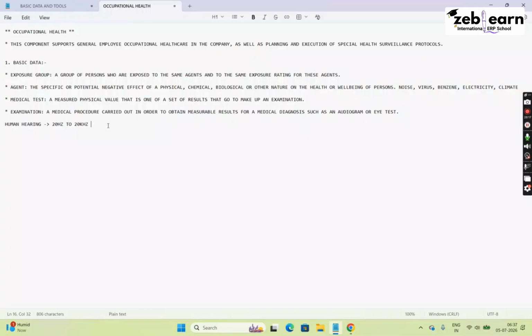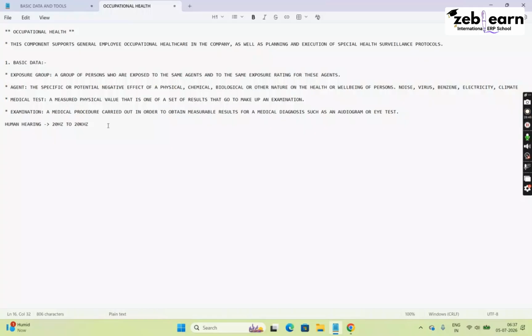There is a dog whistle which, if they blow it, only dogs can hear. We will not hear anything at all. The dog whistle is used to control the dogs or to call them. When they blow that whistle, the frequency is very high, more than 20 kilohertz, so we cannot hear it, but the animals can.